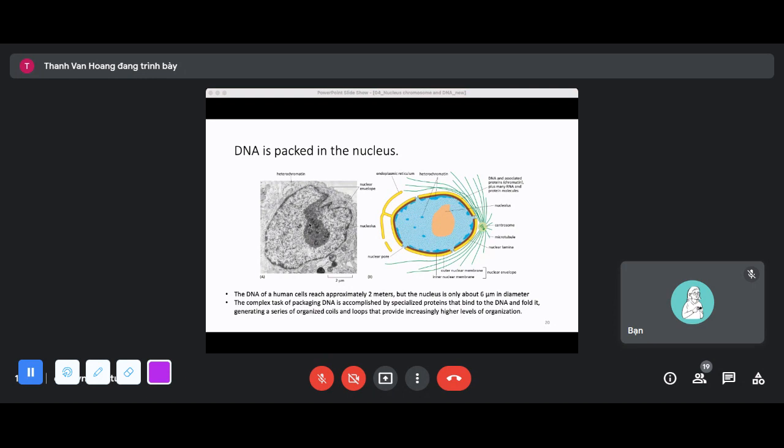You can imagine an apartment or a house with several rooms, where the nucleus is the biggest room in the house, and within the room you also have compartments, but you don't need walls, right?